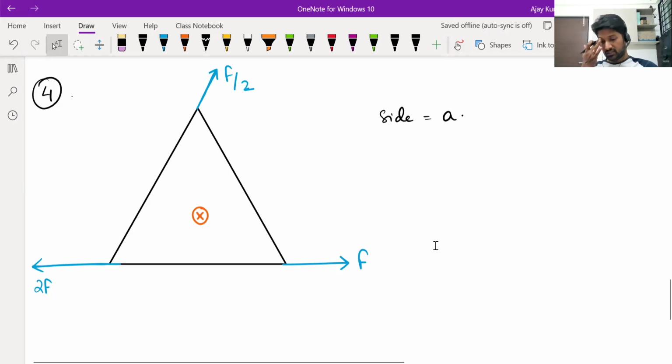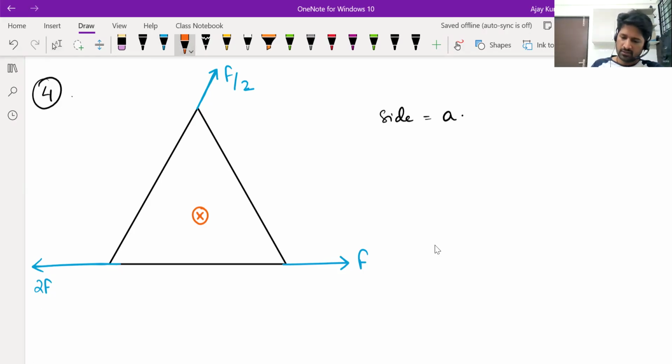See, to calculate torque, you need distances. First of all, tell me, do any of you know how to find out the distance from a vertex to the centroid?